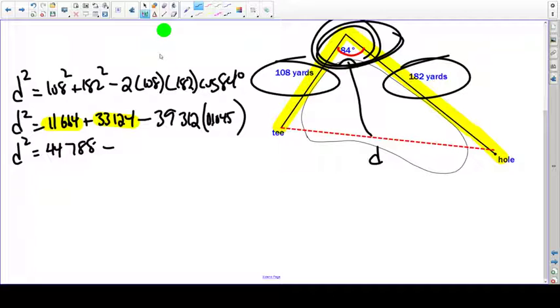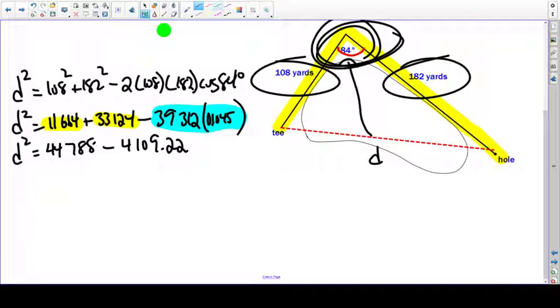Minus. Now, when we multiplied 39,312 by 0.1045, we're going to get 4,109.22. And again, we can just put the plus minus button and then add that to the 44,788.